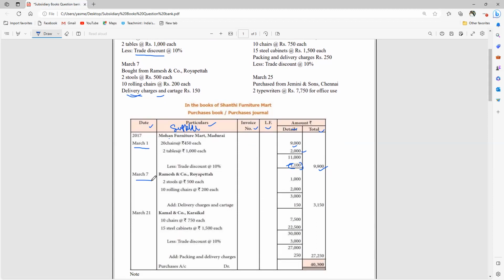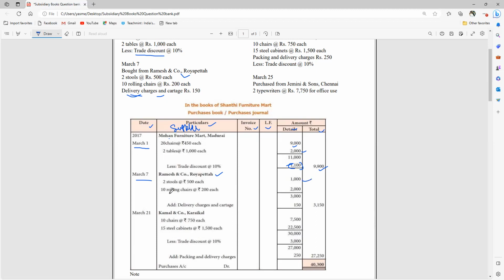On March 7th, the party from whom we have purchased the goods is Ramesh and Company, Royapettah. Next, what we have bought: two stools at 500 rupees each, that is 1,000 rupees.